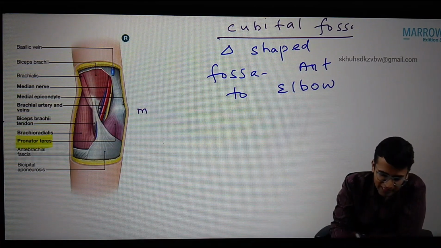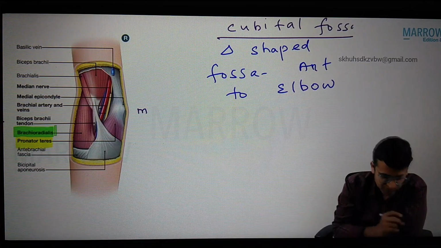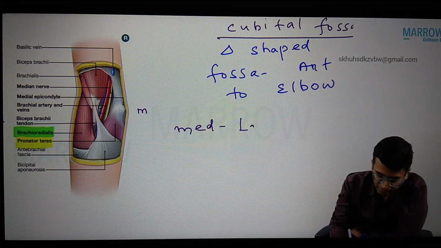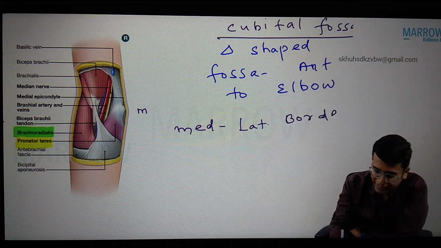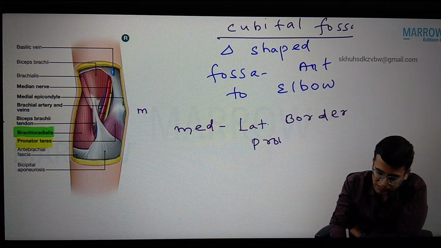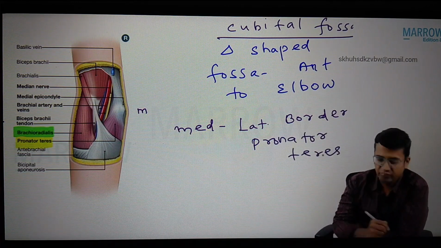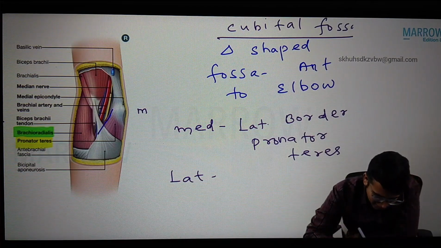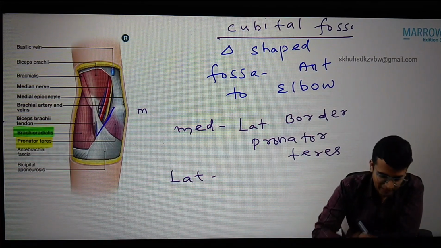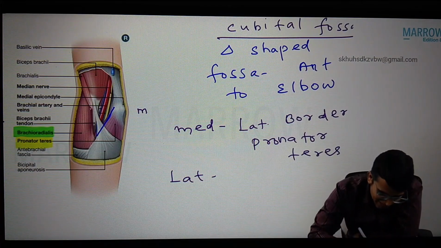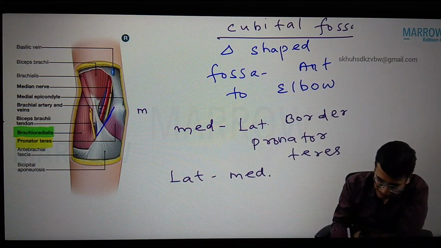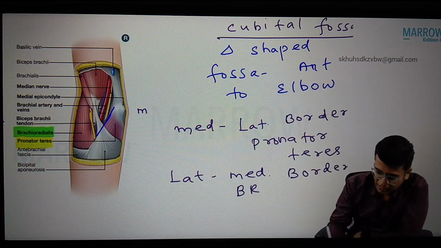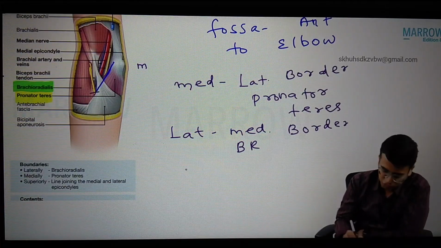Medially is the lateral border of pronator teres, and laterally the medial border of brachioradialis, and the apex is the meeting point of the two muscles.